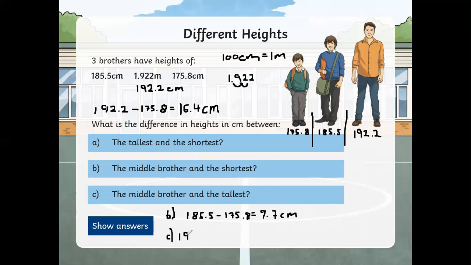When you find the difference, it's always a subtraction, and it's always a larger number minus the smaller number. 192.2 minus the middle brother, 185.5. Okay, so 192.2 minus 185.5 is 6.7 centimeters.